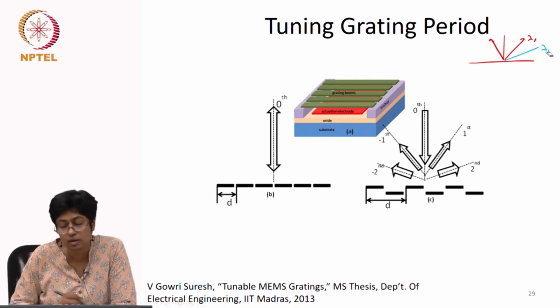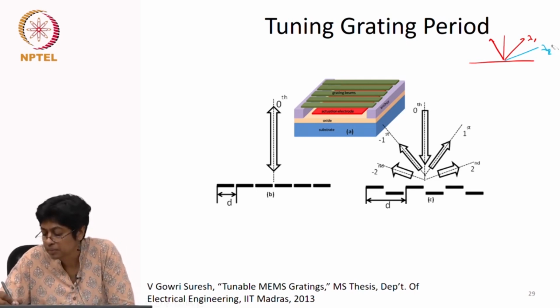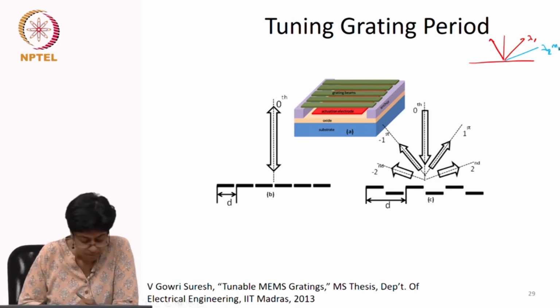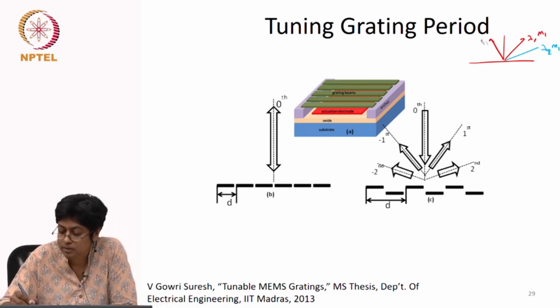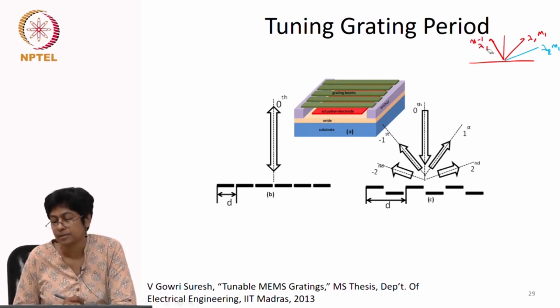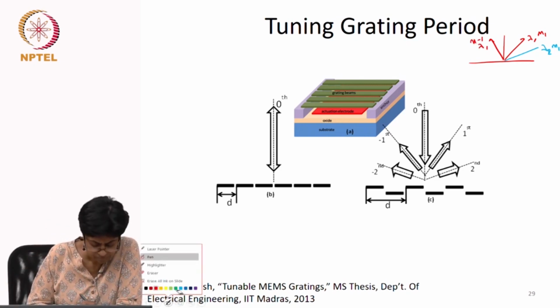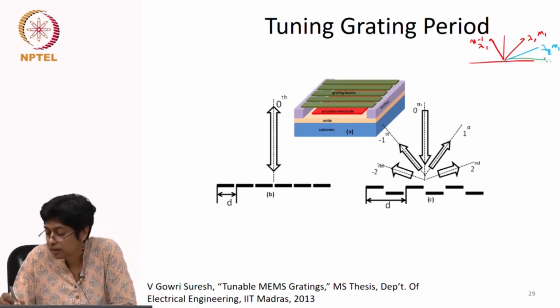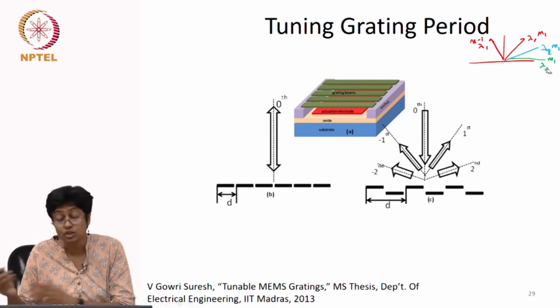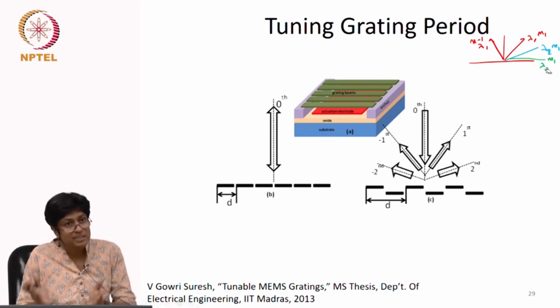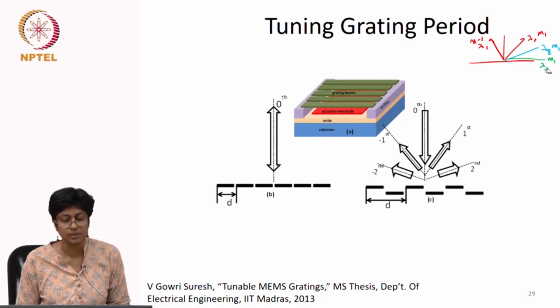This is the first order for lambda 2, so this may be m1, this is m1, this is m minus 1 for lambda 1. I might have m1 for lambda 3 and so on. So a grating splits colors, and that's why they use it in spectrometers.